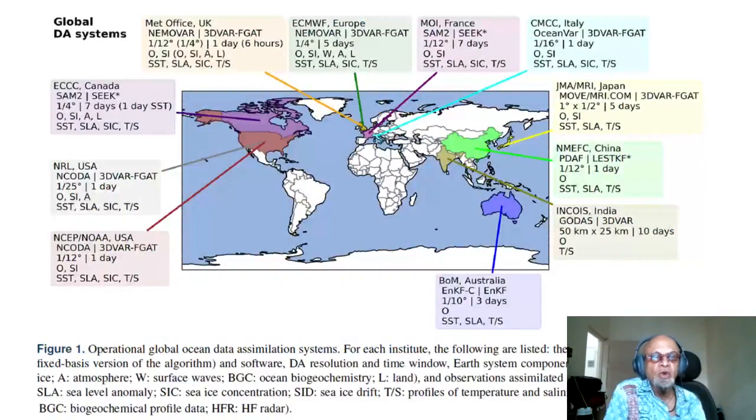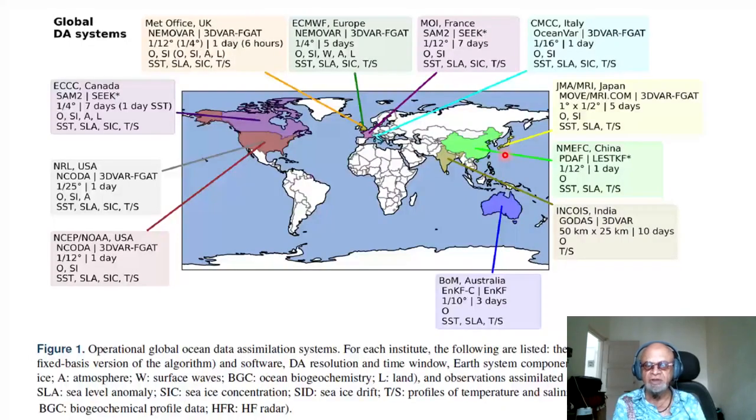So there are global data assimilation systems. So the US has a few, Canada, EU and UK. So ECMWF is the European Union, and there is also France doing its own thing, Italy doing its own thing, India of course does its own thing, Australia, China has multiple systems, Japan does a lot of data assimilation, ocean prediction, etc. A country like Japan is heavily dependent on the ocean, fishing and transportation.